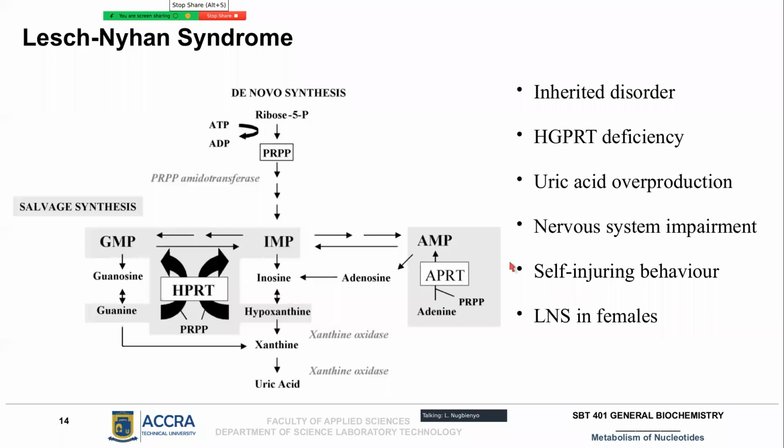Now, if you have a deficiency of this enzyme in the system, what it means is that if the hypoxanthine cannot go back in that recycling path, more of it will go into the production of uric acid. And so that will cause an increase in the amount of uric acid in serum, as well as the production of its salts, which can get deposited in the joints.